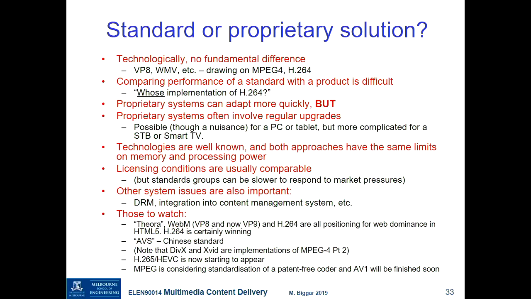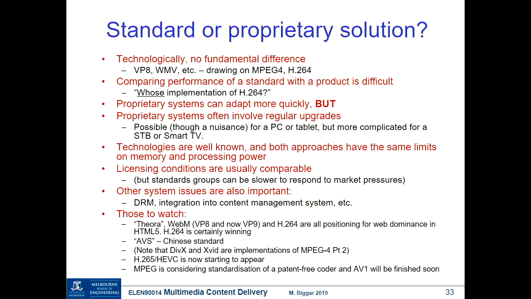Comparisons between performance of a standard and particularly a proprietary system is quite difficult because, as we've discussed, it depends on whose implementation of H.264 or H.265 we're using. There are all those decisions in the encoder that are outside the standard, so you have to have a particular reference implementation. So the comparisons are quite difficult.